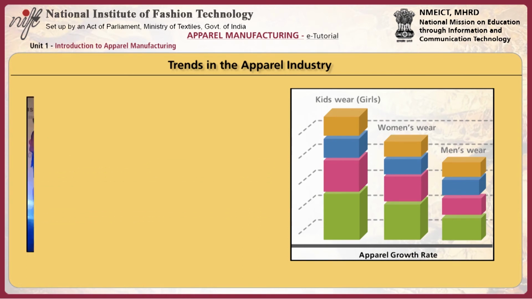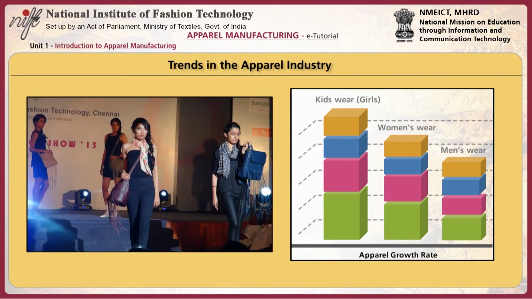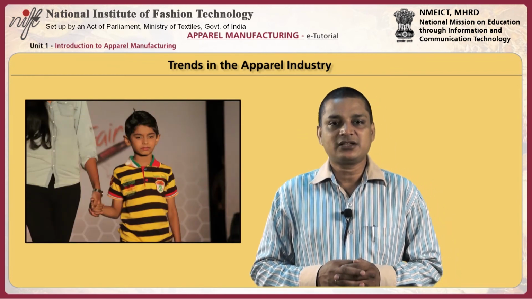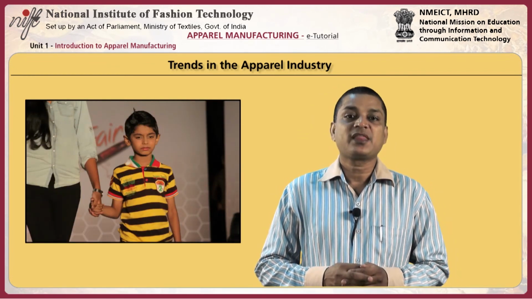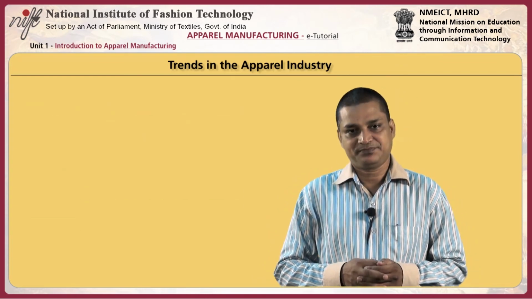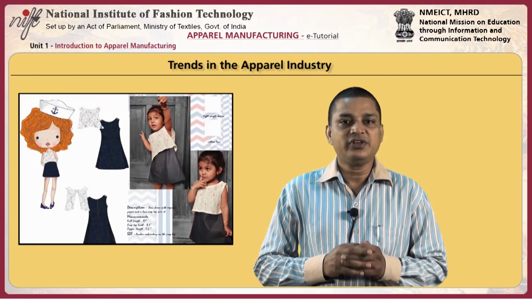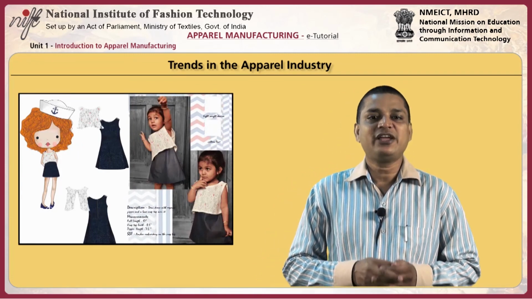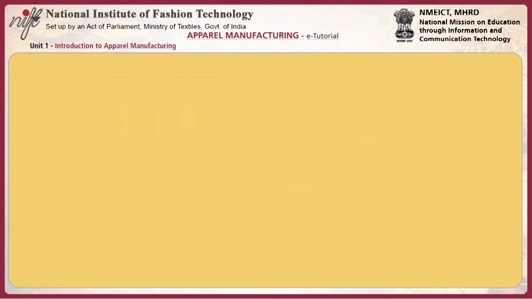In the women's wear segment, denim, innerwear and t-shirts are expected to demonstrate relatively higher growth rates. In the boys wear segment, growth rate is highest for denims followed by winter wear and t-shirts. In the girls wear segment, growth rate is highest for denim followed by winter wear and t-shirts.